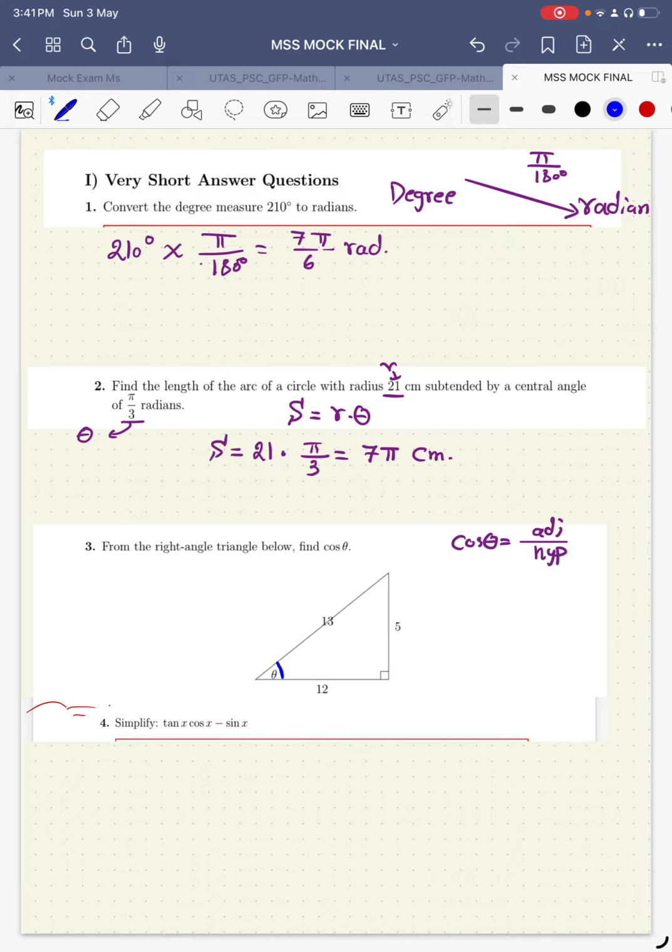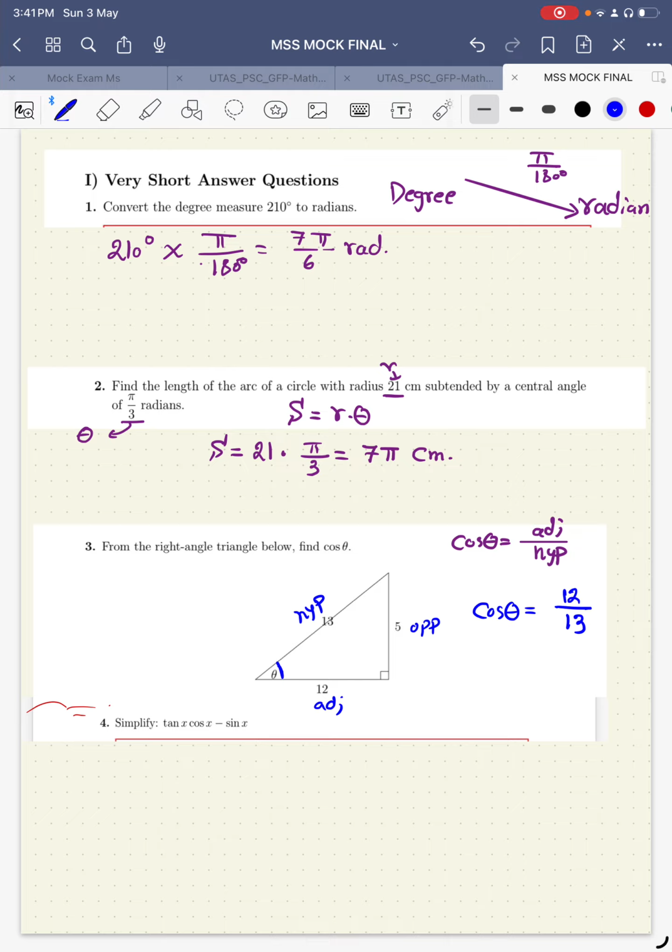What is opposite my angle is 5, so that's my opposite. And the side that covers the angle, we're gonna call it the adjacent, and this one we're gonna call the hypotenuse. So my cosine is gonna be my adjacent, which is 12, over the hypotenuse, which is 13.